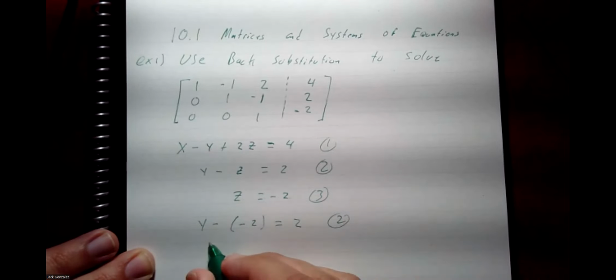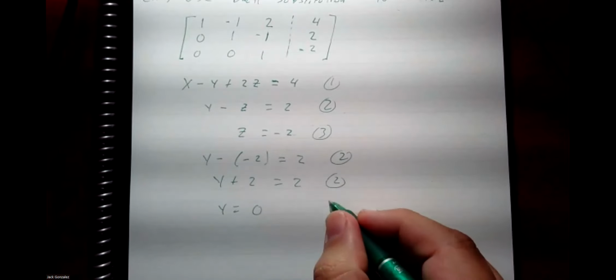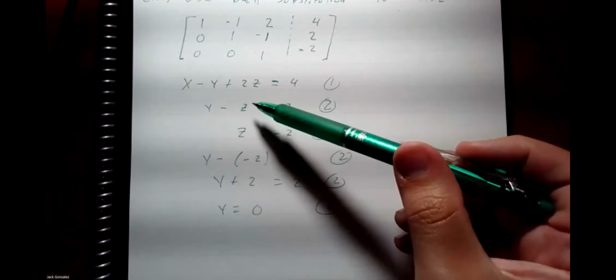Equation 2 becomes y plus 2, which means that y is 0. So that's what back substitution means. You start with this one, plug it in here, solve for y, and plug those two in here.